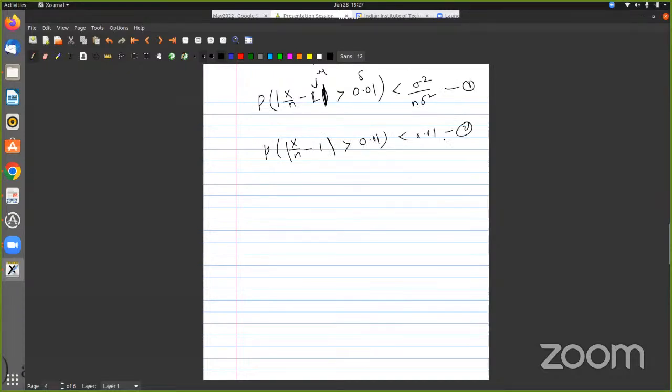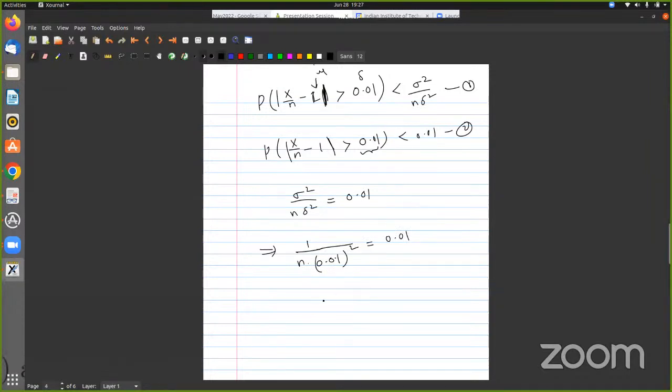This is equation 2. Comparing these two equations by using the weak law of large numbers, I can say that sigma square upon n delta square is equal to 0.01, right? And I know sigma square is 1. N I don't know. Delta is 0.01, squared, equal to 0.01.